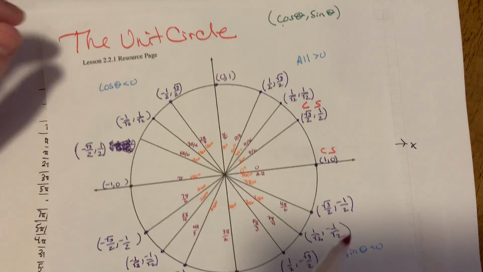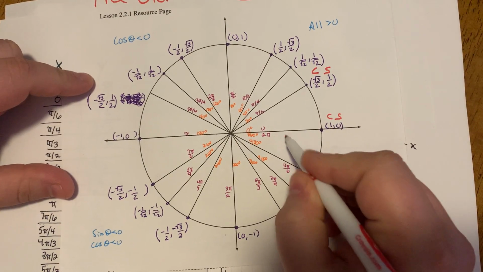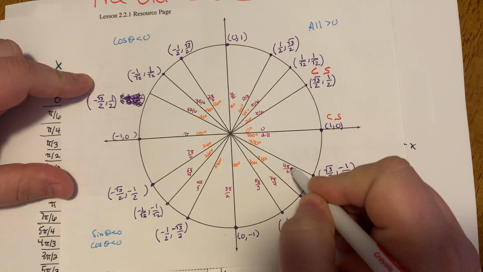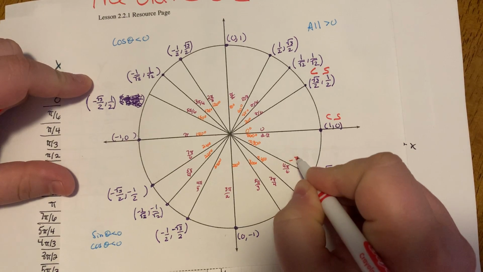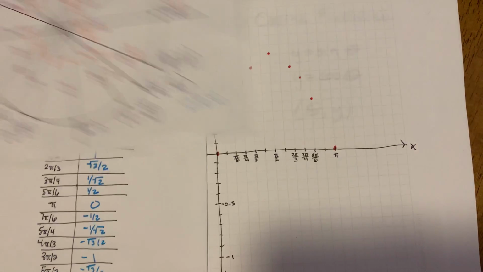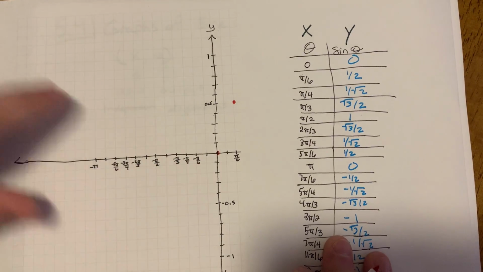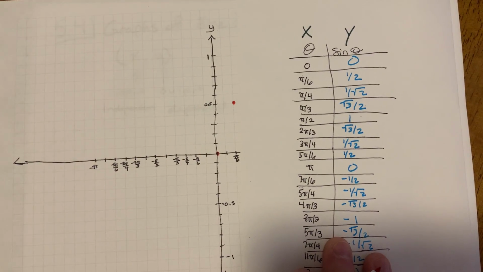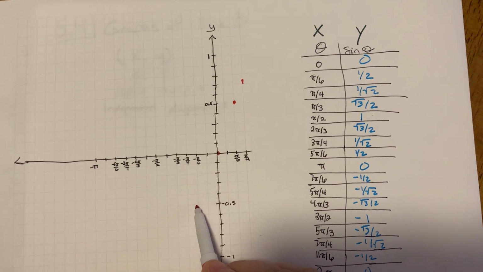Now we could keep marching along this way, but because of where I put my plane, I'm going to graph the negative ones. Remember, 11 pi over 6 is coterminal with negative pi over 6. So negative pi over 6, we're at negative 1/2.